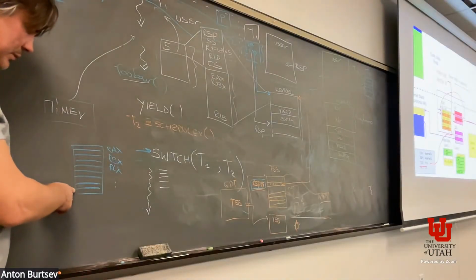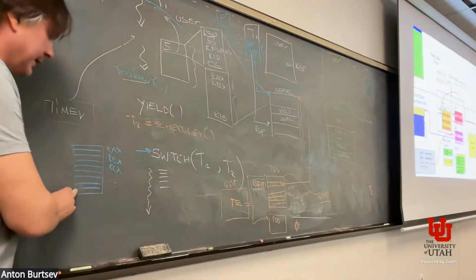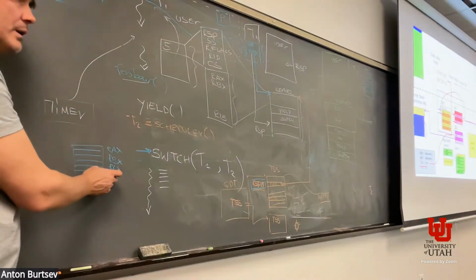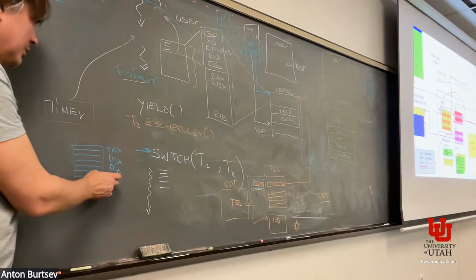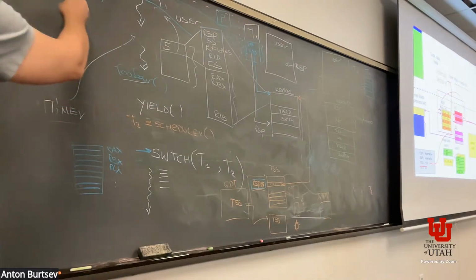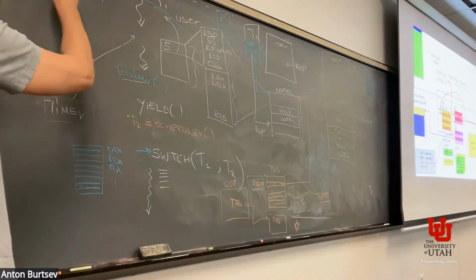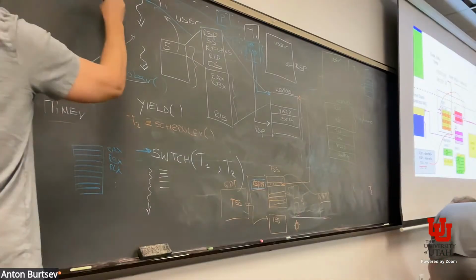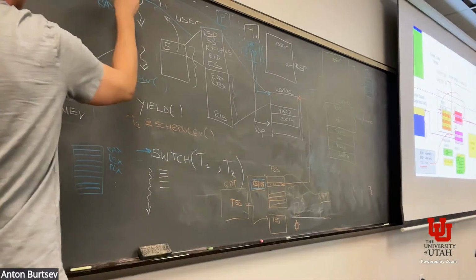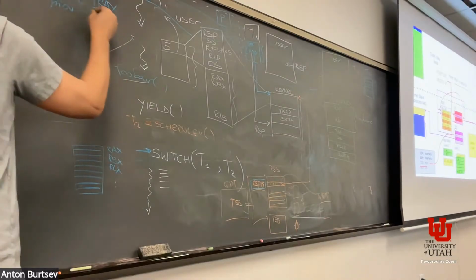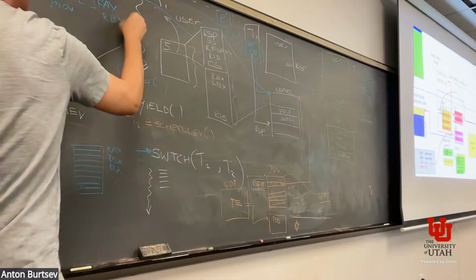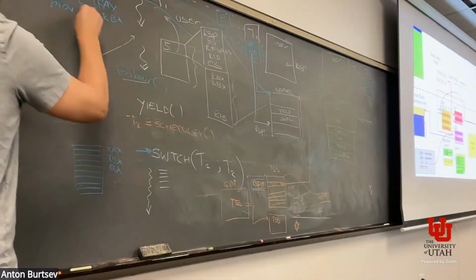So, back to this idea. If you save all the registers in some storage, and my code on entry to switch was, I don't know, move RAX into this storage, move RBX, and so on.